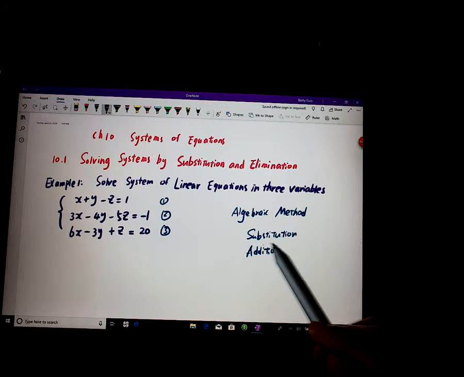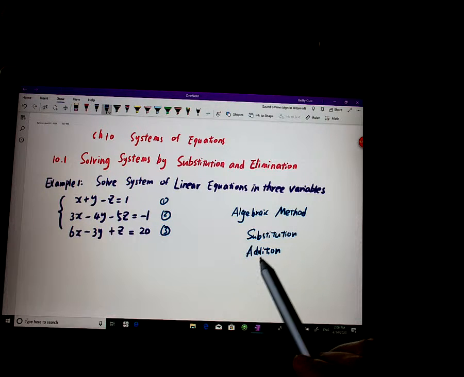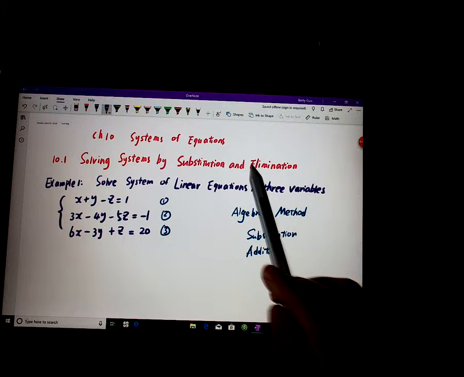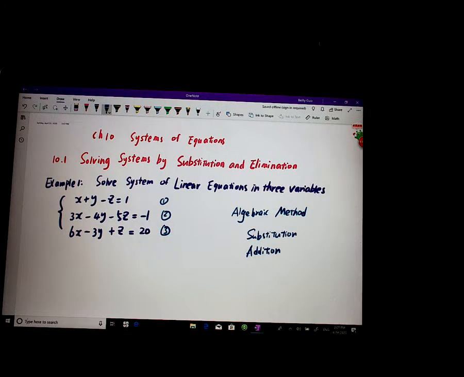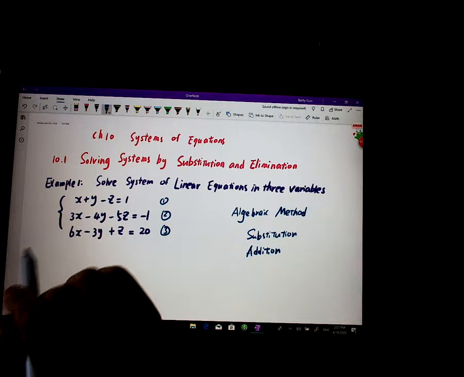In algebra 1, algebra 2, we call the method addition method. Actually, it's the same as the elimination method in this book. So let's see how we solve this system.